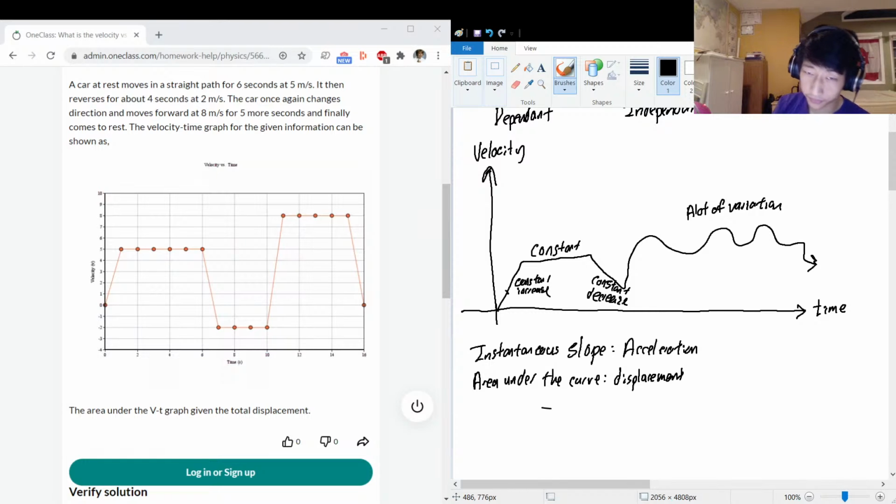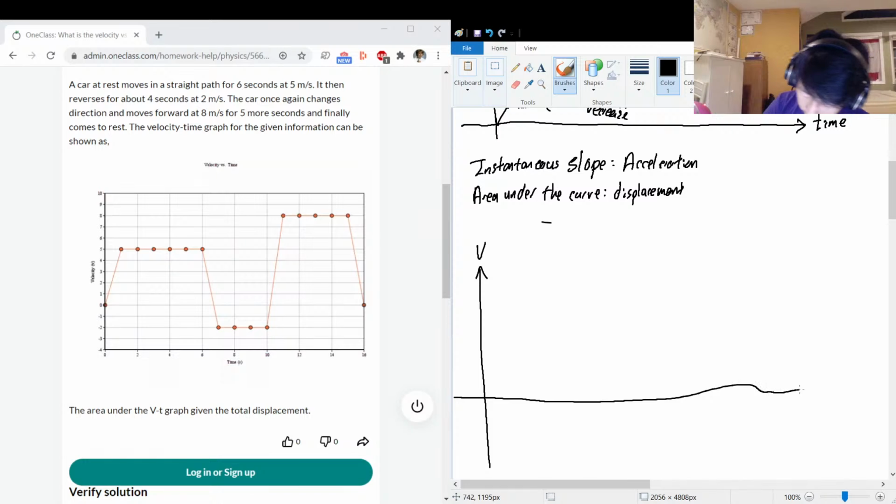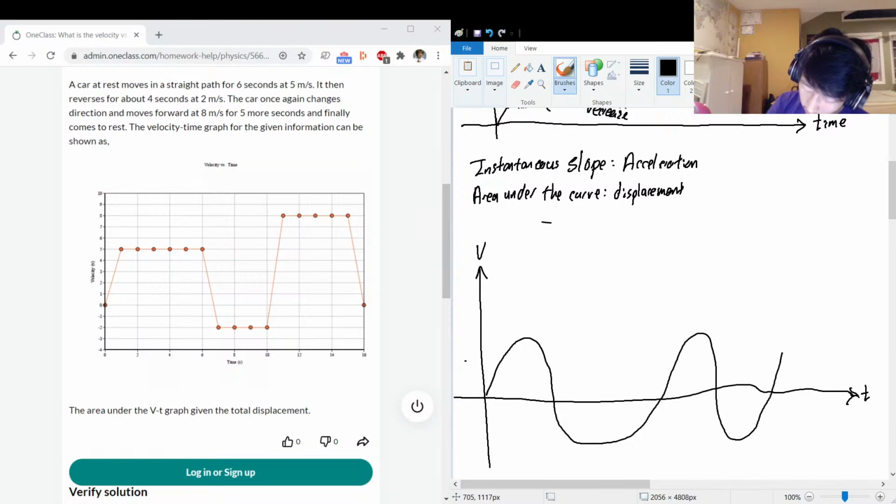Okay, now it is possible that your velocity becomes negative at some points. So V for velocity. Here we got time. So if your velocity followed like a sinusoidal pattern, remember it's the area underneath the curve.